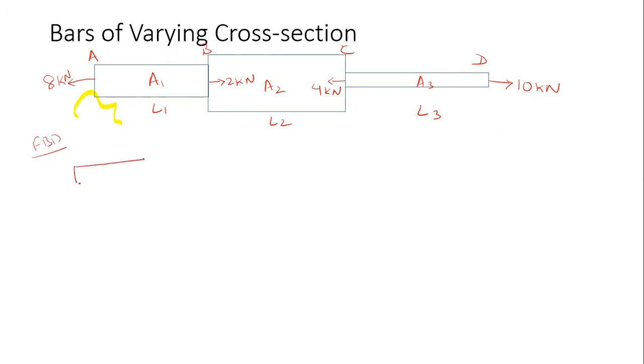The free body diagram of AB will be: if an 8 kilonewton force is acting here and 2 kilonewton is acting here, then for balancing the forces we will add a force of 6 kilonewton here. So the sum will be equal to 8 kilonewton.